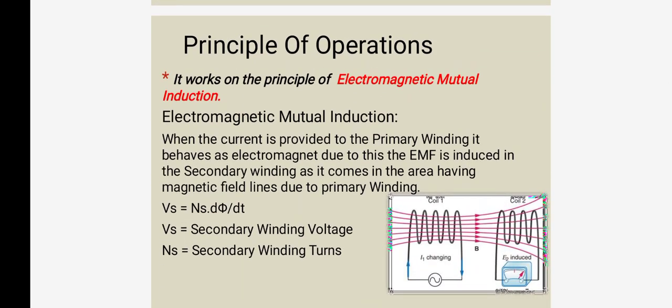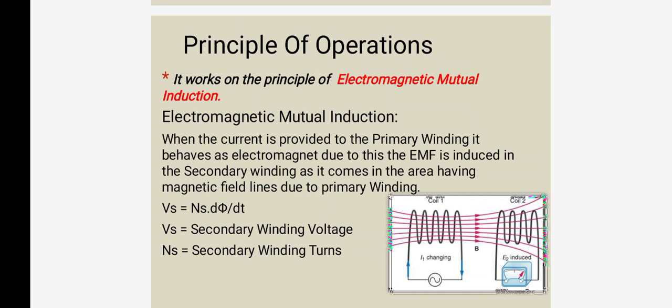Then, principles of operation. It works on the principle of electromagnetic induction, or electromagnetic mutual induction. When current is provided to the primary winding, it behaves as an electromagnet. Due to this, an EMF is induced in the secondary winding, as it comes in the area having magnetic field lines due to the primary winding.